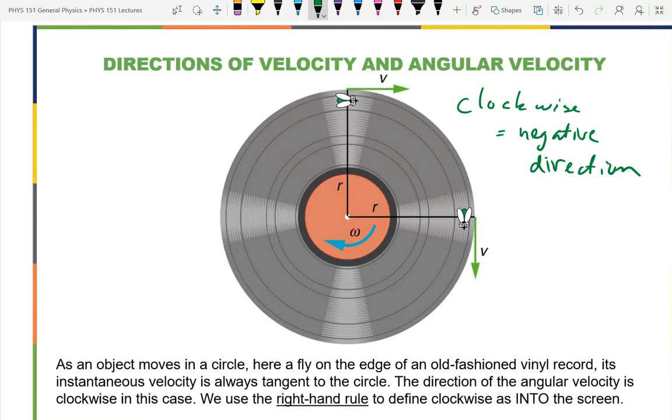It means you have rotation that is all in one plane, so the direction is that way or that way. For one-dimensional rotation, clockwise is negative, counterclockwise is positive. And that's based on the right-hand rule. Right-hand rule, clockwise into the screen.